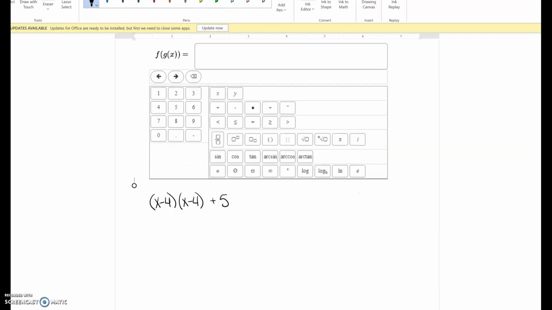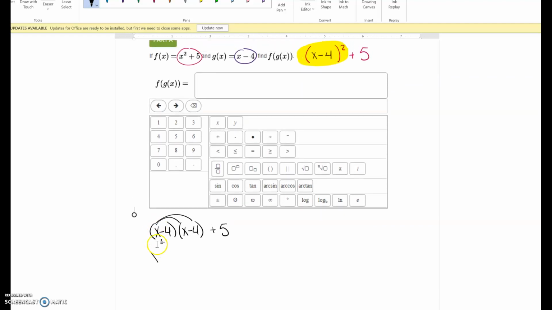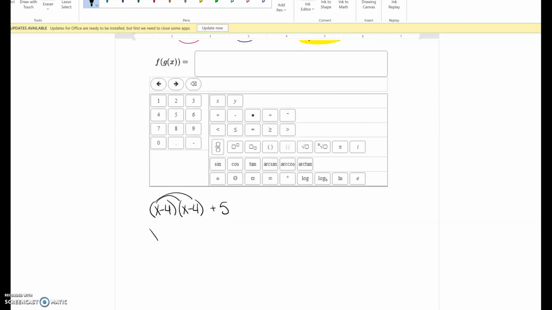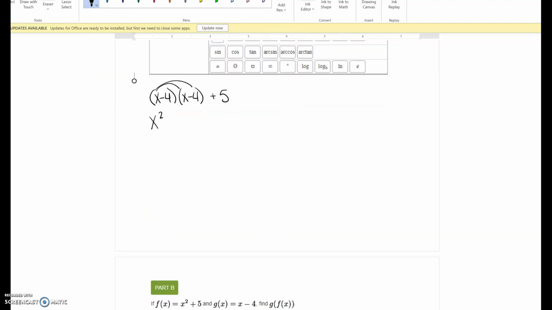And when you multiply x minus 4 times itself, you have to double distribute. So we get x squared minus 4x minus 4x plus 16. And then we've got the plus 5. So x squared minus 8x plus 21.